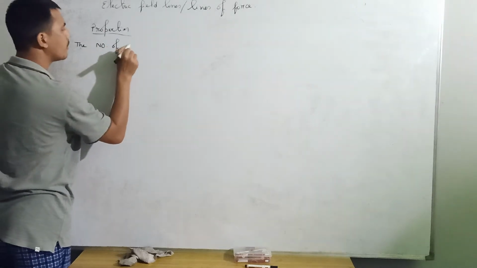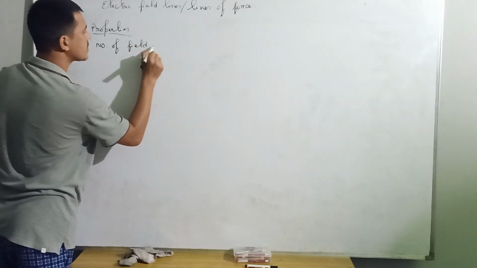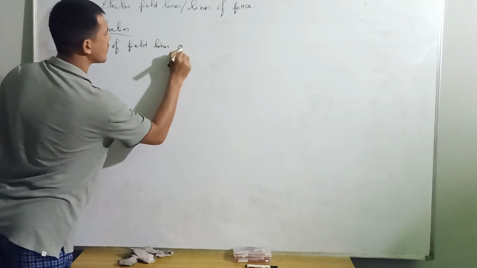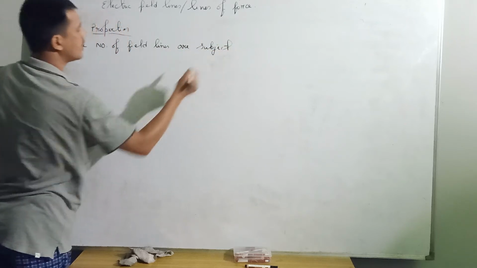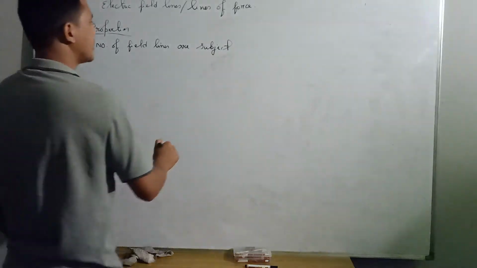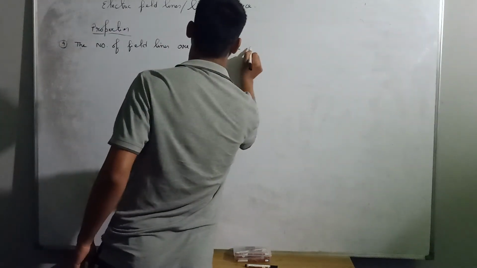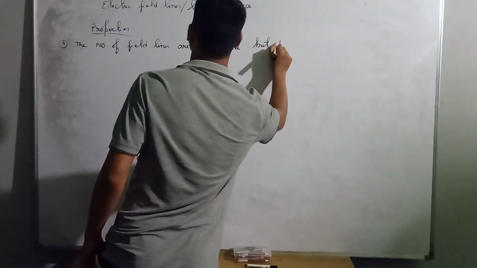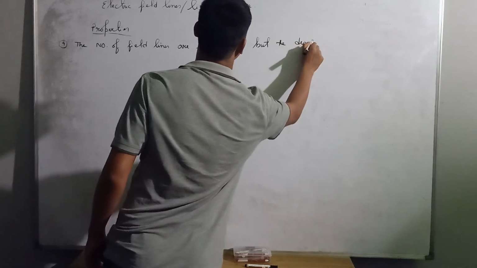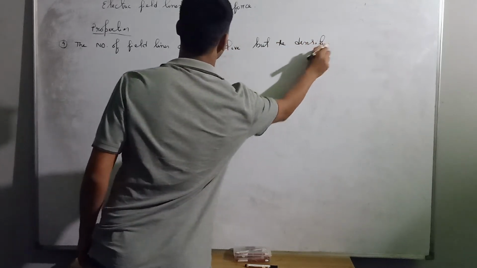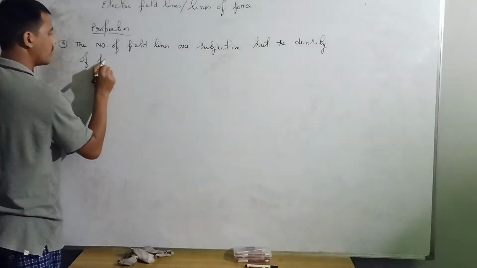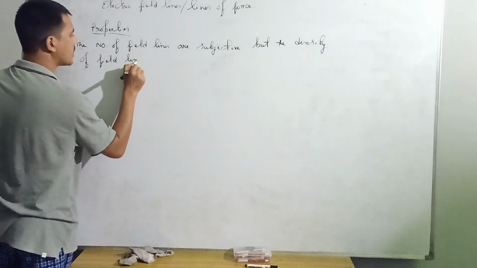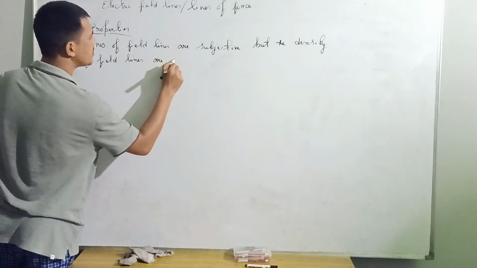The number of electric field lines are subjective. I'll tell you an example. Subjective, not subject, subjective. But the density of field lines are objective.